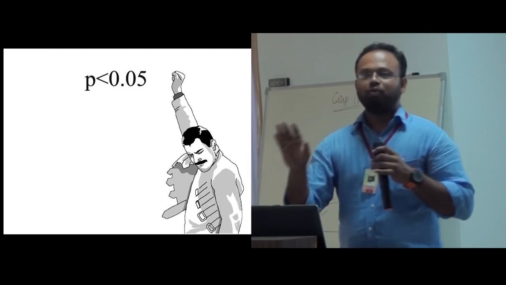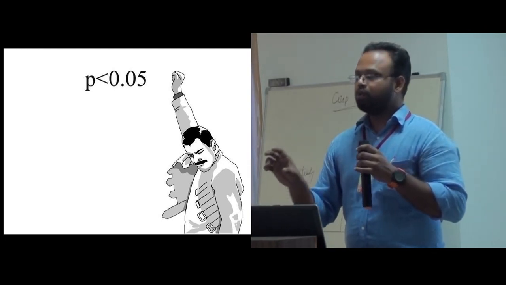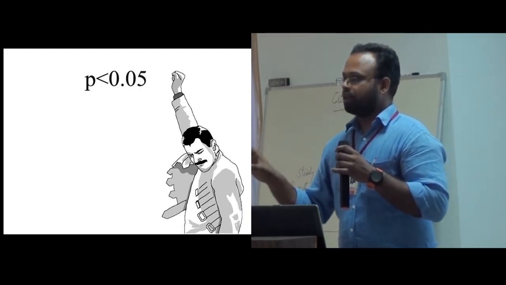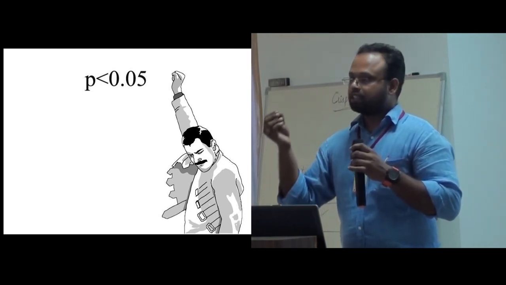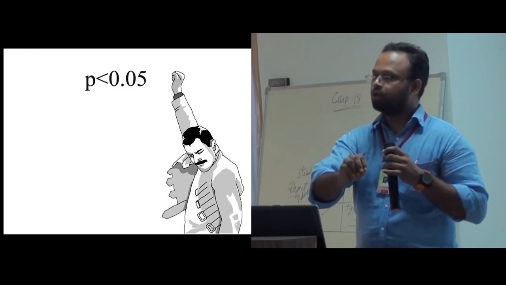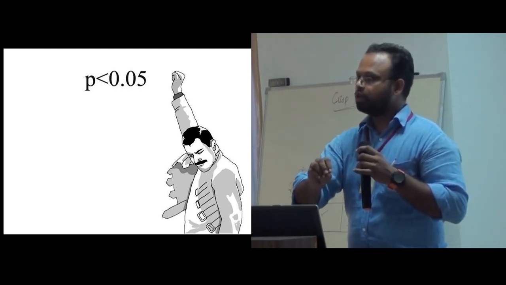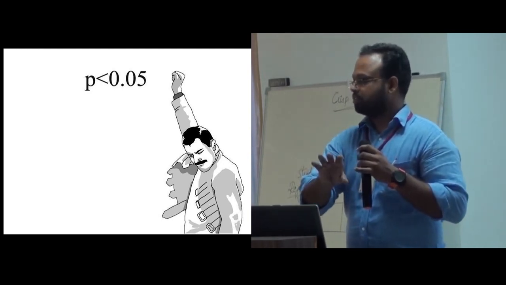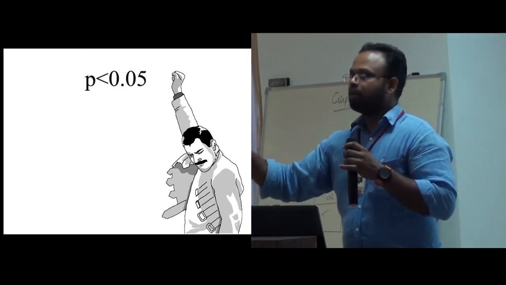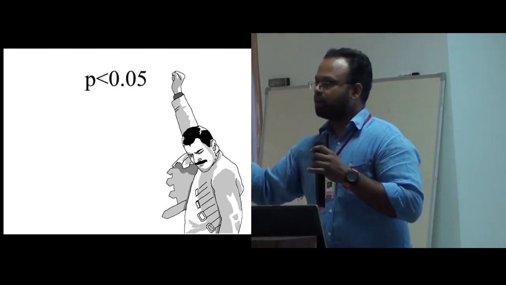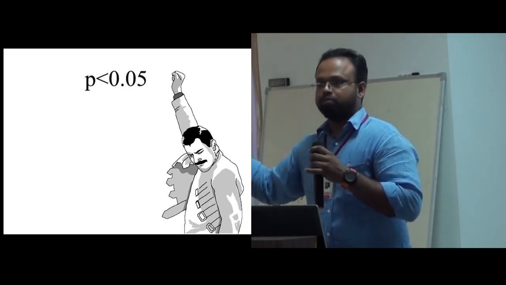Okay. What is this p-value? P-value is the chance of committing alpha error. As this alpha error is close to 0, I am close to truth. As this p-value is close to 1, my alpha error is going to be maximum.